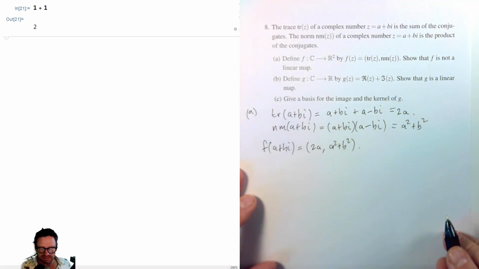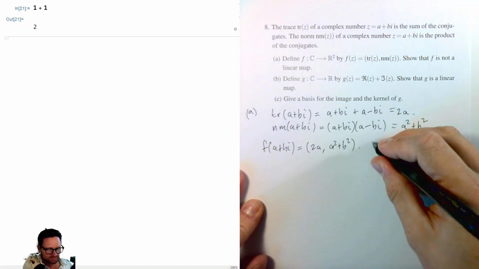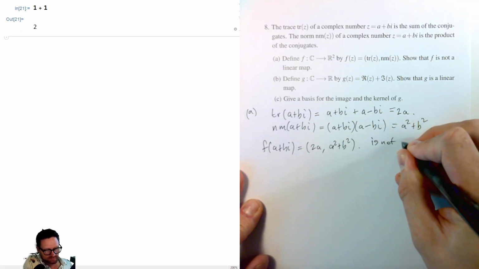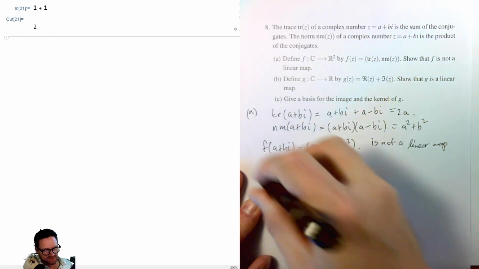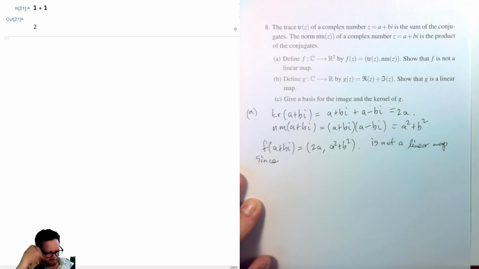And so this is not a linear map, since it fails the third condition to be a linear map.